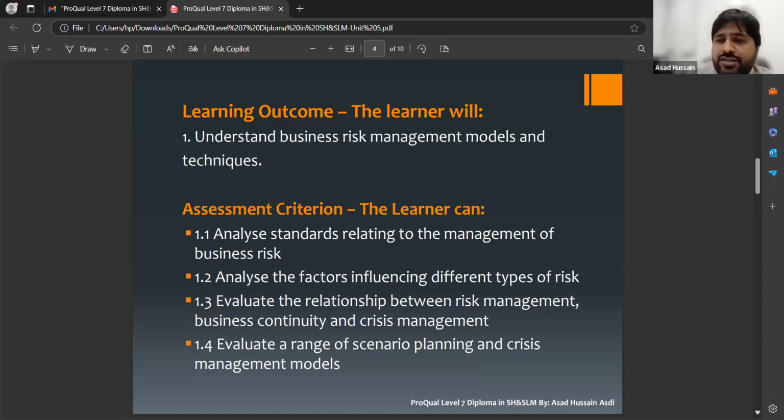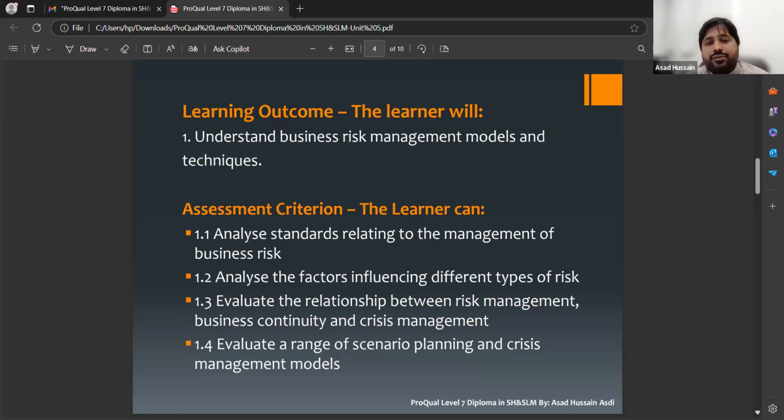There are different definitions, but risk is equal to probability into consequences, or you can say likelihood into severity. Both definitions can be used. But here the task is to analyze the factors influencing different types of risk in your organization.